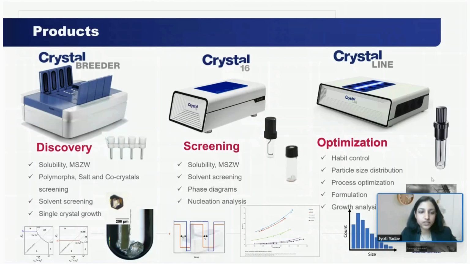The Crystalline combines temperature and turbidity measurement with real-time particle image capturing, and therefore it has unique application in crystal habit control, particle size distribution, polymorphism, and process optimization. So all 3 instruments work on different volumes with different numbers of reactors.